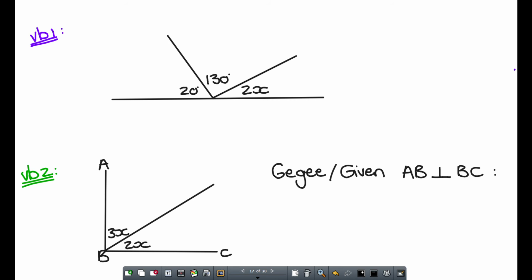Add them up, and they must be equal to 180. Reason? Angles on a straight line.